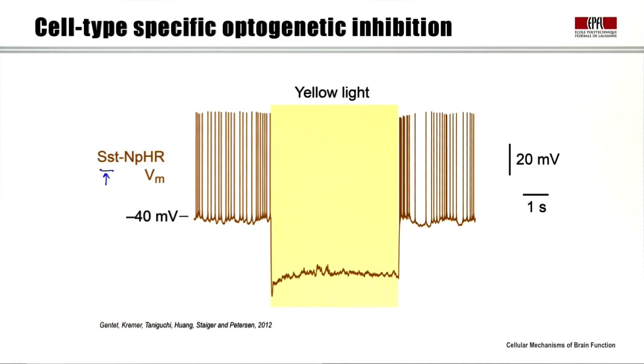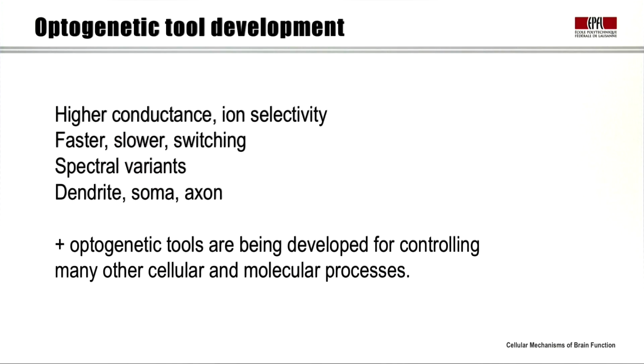However, it has to be said that halorhodopsin hasn't worked equally efficiently in all cell types, and so it's good that further genetic engineering goes on to improve the efficacy of the optogenetic inhibitory molecules. Indeed, optogenetic tool development is something that's ongoing in many neuroscience laboratories.